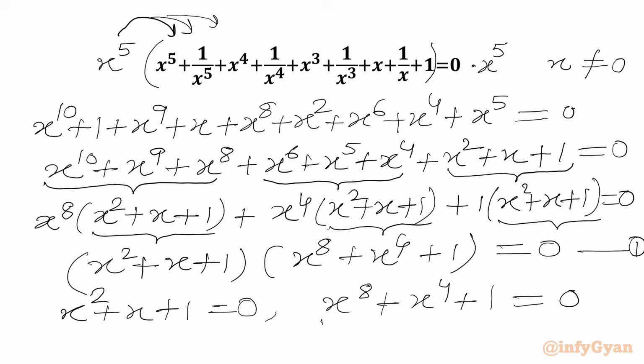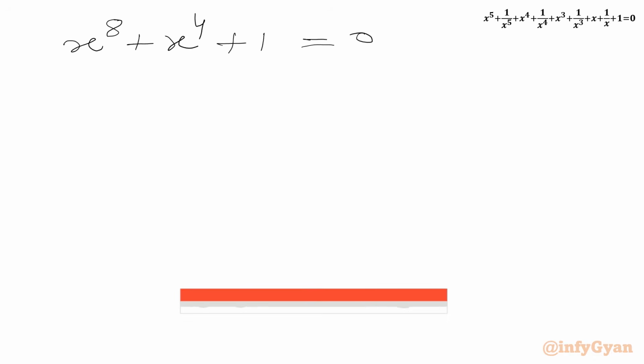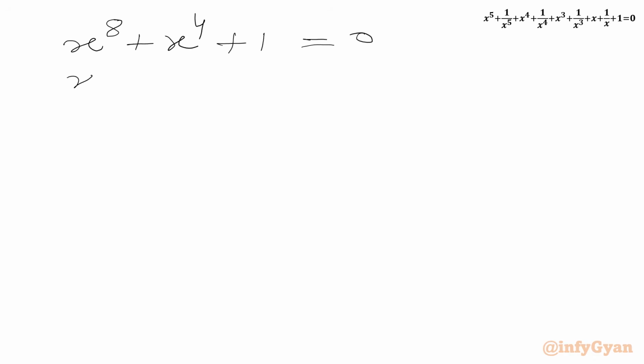Now we will begin with second equation. Let me factorize here x power 8 plus x power 4 plus 1 equal to 0. Can we write x power 8 as it is? Then we can consider x power 4 as 2 times x power 4 minus x power 4.